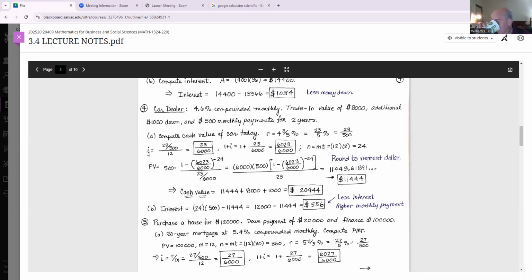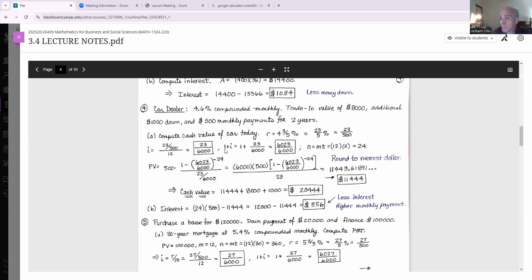So when we look at this, we have the annual interest rate divided by M, which is 12. So now again, 23 being a prime number, we just have 12 times 5, which is 60, and then just tack on the additional two zeros to get the product. So we have the periodic interest rate of 23 divided by 6,000.